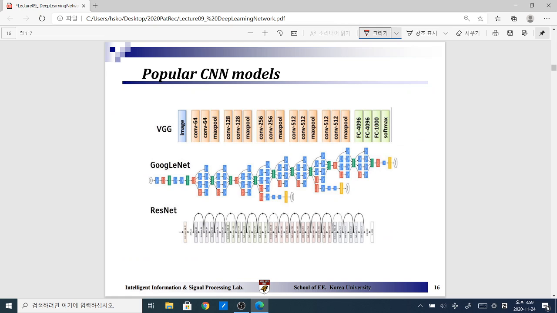There has been a lot of work on building very deep architectures of the convolutional neural net. For example, VGG net is an example, developed by big industries, including, say, Google Net and ResNet.